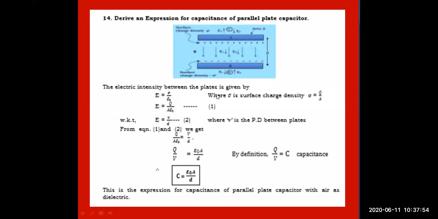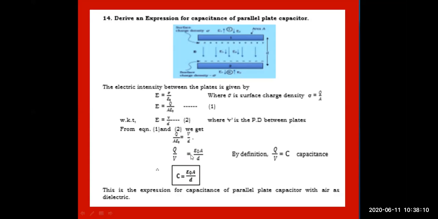Now compare equations 1 and 2. Q divided by A into epsilon naught will be equal to V divided by D. Rearranging, V will come down to the denominator, A into epsilon naught will go up to the numerator.